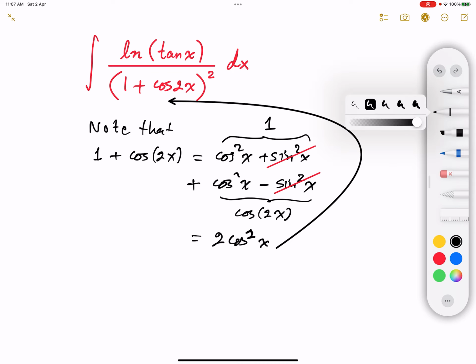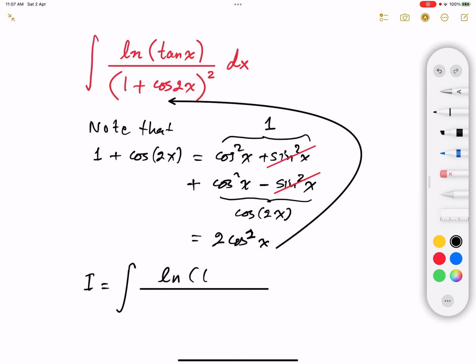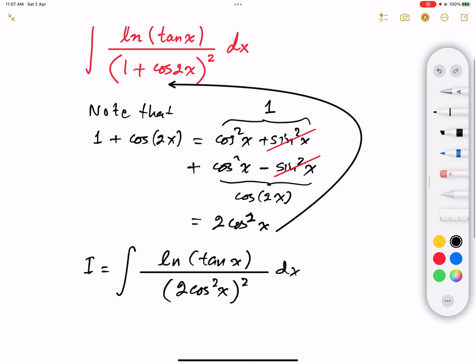So the integral I becomes equal to the integral of the natural logarithm of tangent of x divided by twice cosine squared of x, all raised to the power 2, and we have dx here.